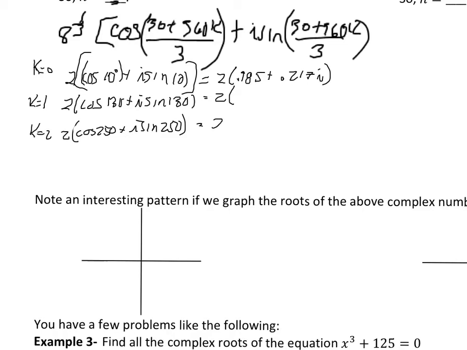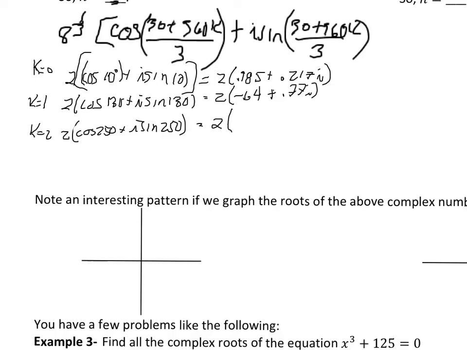What's the cosine of 130? Negative 0.64. We'll just go to hundredths here. And sine of 130 is 0.77. And et cetera. And that's how you find your roots. And then you distribute that too, and that'll give you your roots in standard form.